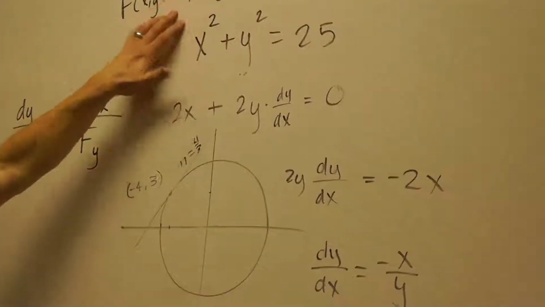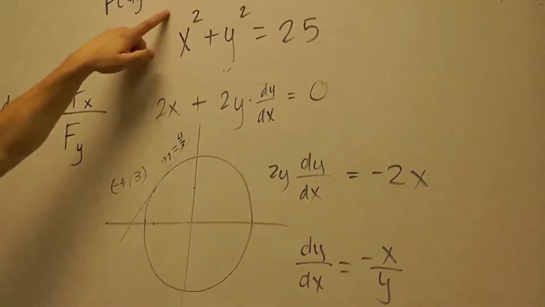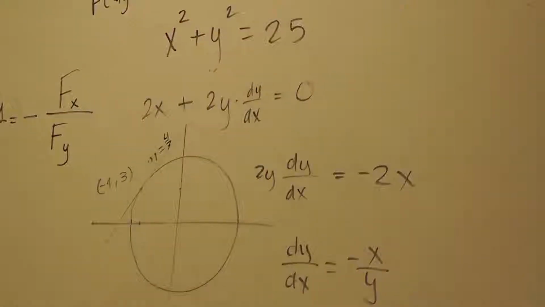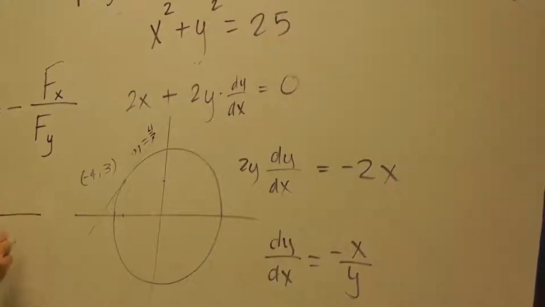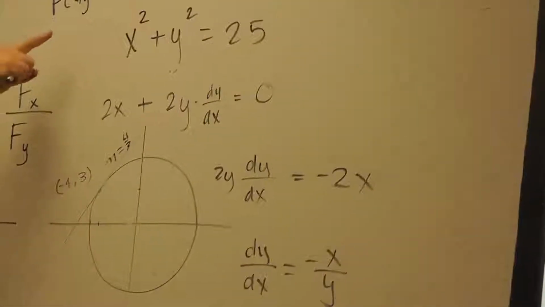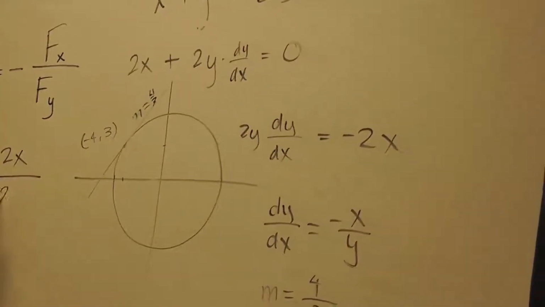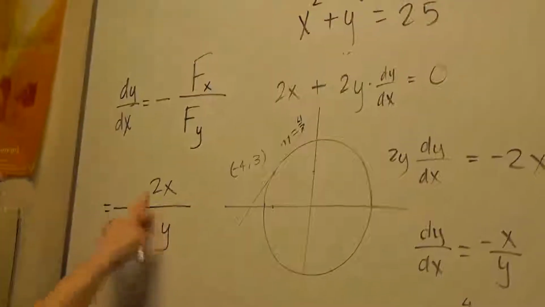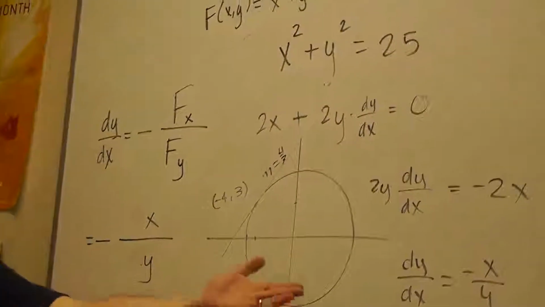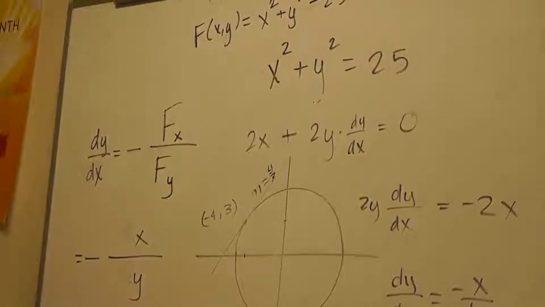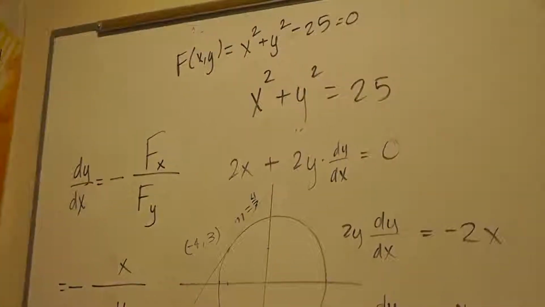And if I've redefined capital F to be this equation for the circle, set equal to 0, then negative in the front, that partial with respect to x is 2x, divided by that partial with respect to y, 2y. Your 2's cancel. And it's the same thing we got using the Calc 1 method, but a lot easier. Okay.